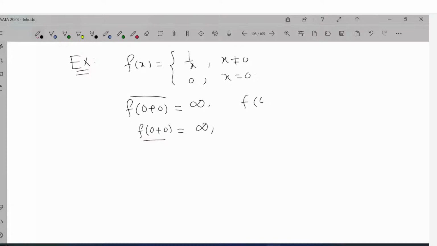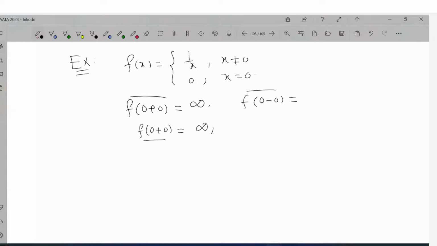And f of 0 minus 0 bar, it's a negative value. Think about the sequence moving towards 0, like 1 by m. Then you will get infinity. And now 0 minus 1 by m.